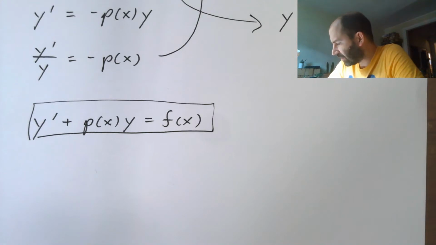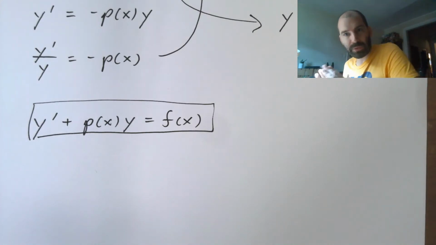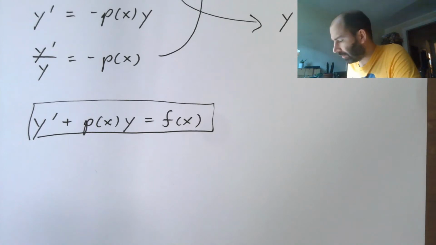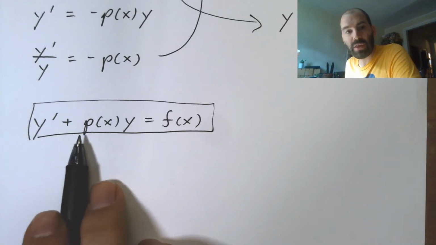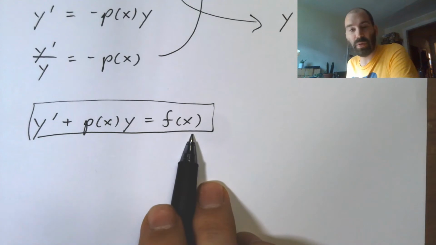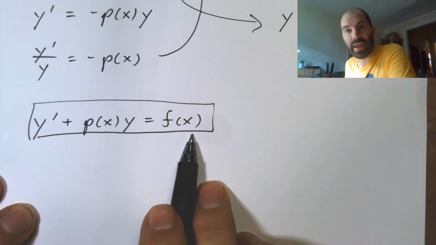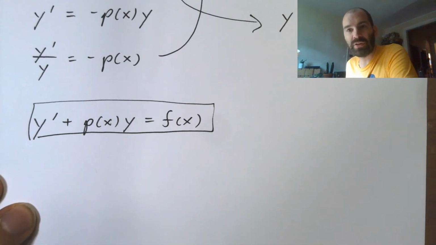Here's the strategy. What we're going to do to solve this, and it isn't obvious that this will work, but we'll see why it will work once we go through it, is we're first going to solve the homogeneous equation. Okay? And from that, we're going to get what's called the complementary solution.